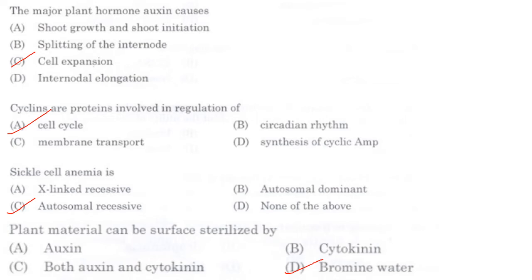Then plant material can be surface sterilized by bromine water. Auxin and cytokinin are hormones that are added to tissue culture medium while conducting the method of micropropagation. So plant materials can be surface sterilized by bromine water.